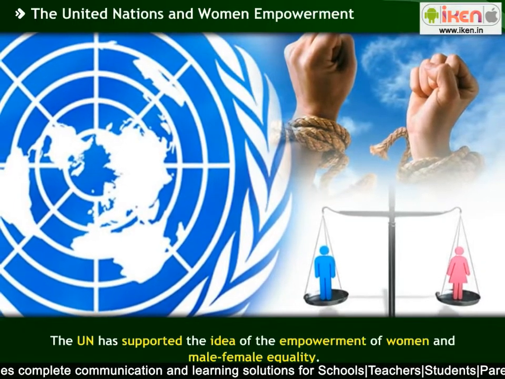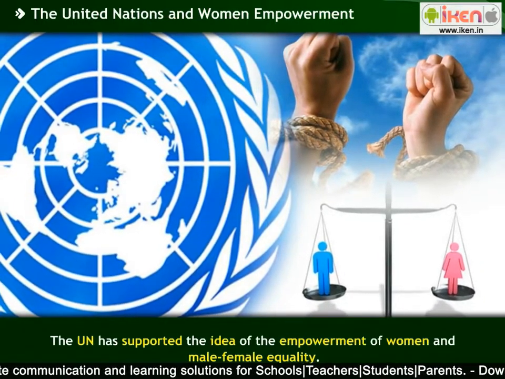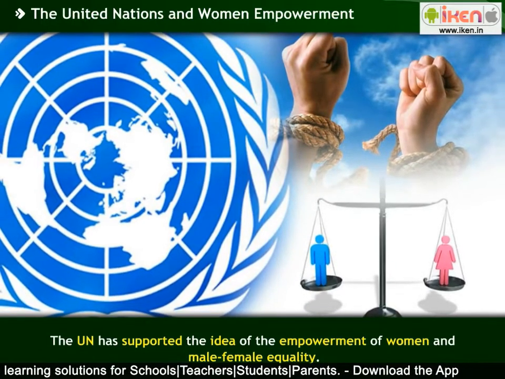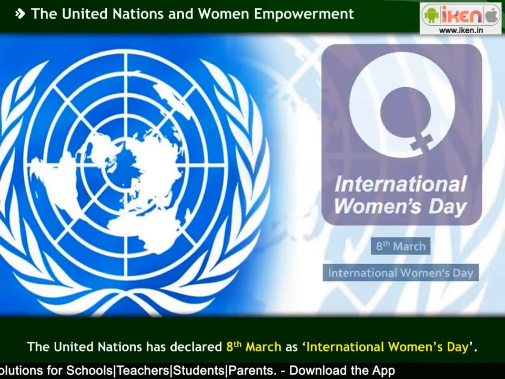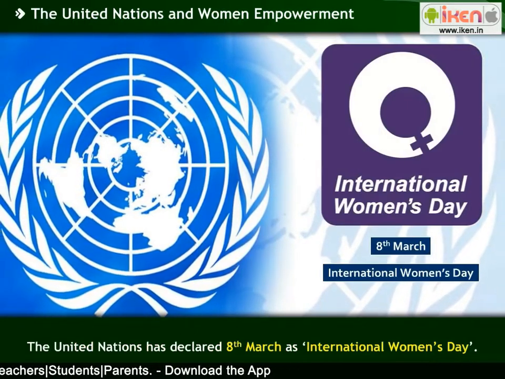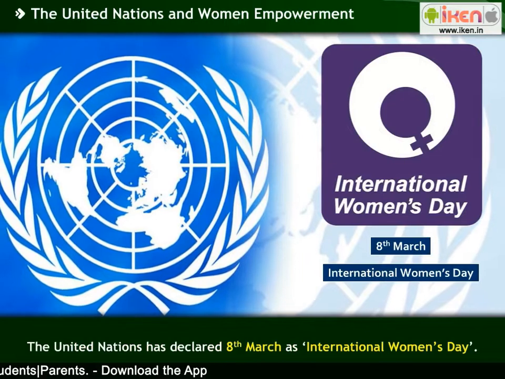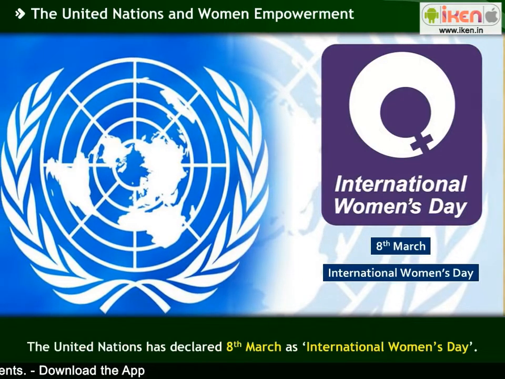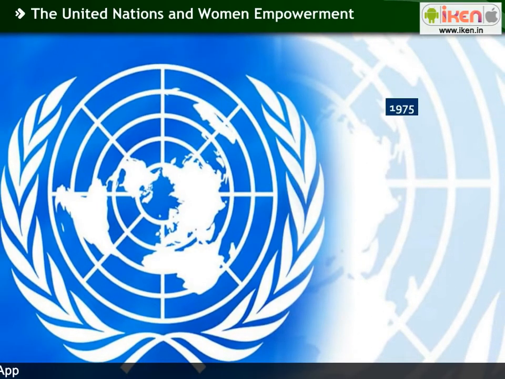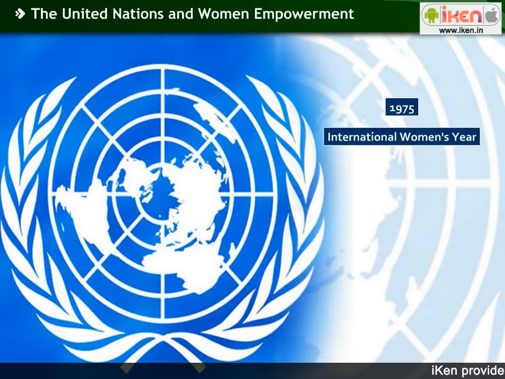The United Nations has supported the idea of the empowerment of women and male-female equality. The United Nations has declared 8th March as International Women's Day in order to focus on women's issues and to find solutions to them. The United Nations had designated the year 1975 as International Women's Year.